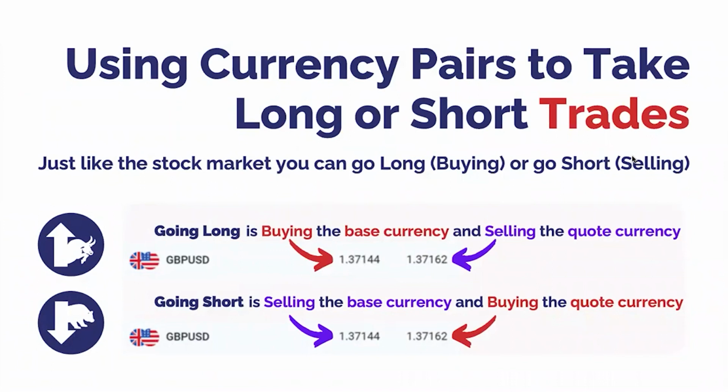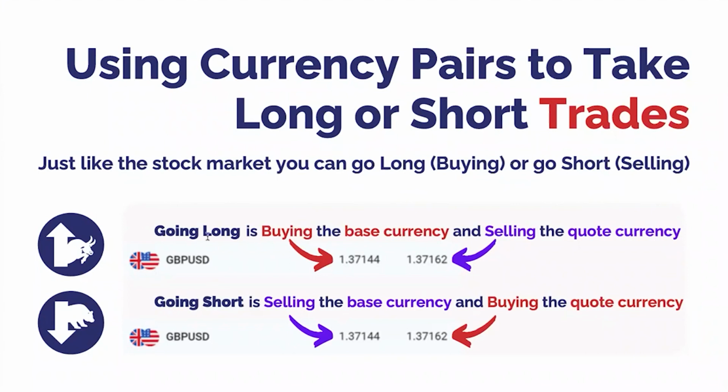But we're going to cover all of the questions in these next slides, and we're here now, as fate would have it. So cool. We're using currency pairs to take long or short trades. Just like in the stock market, you can go long or you can go short. So we can be buying or selling or going bullish, going bearish, all means the same things, right?